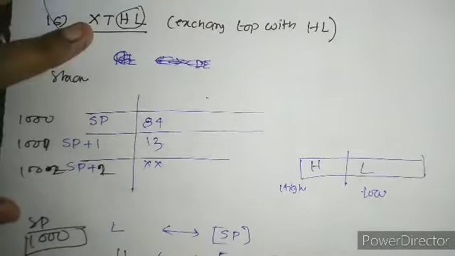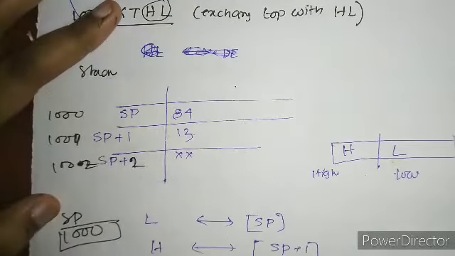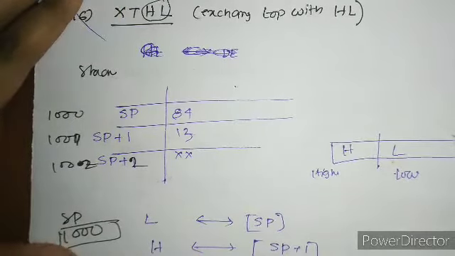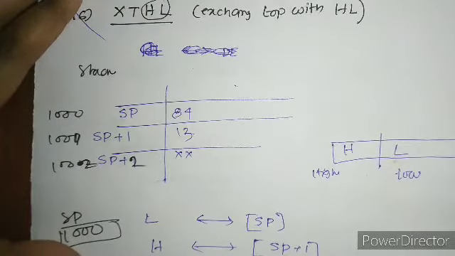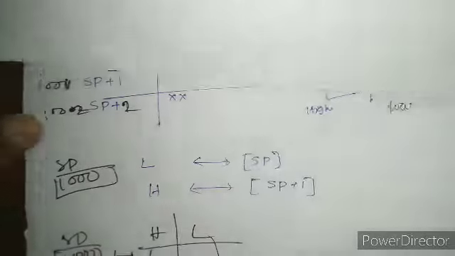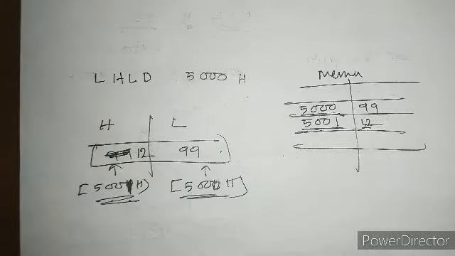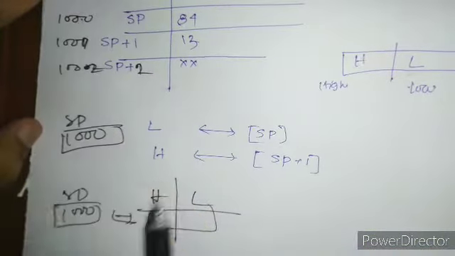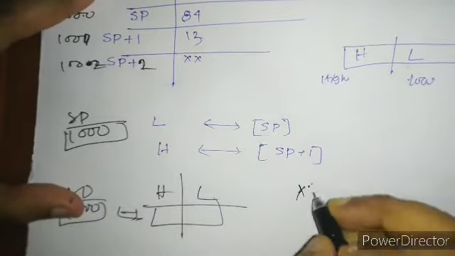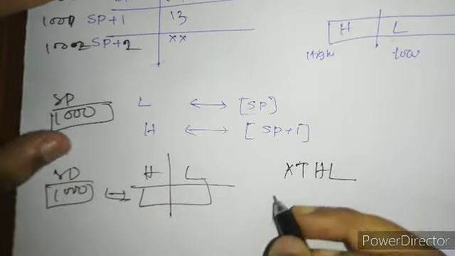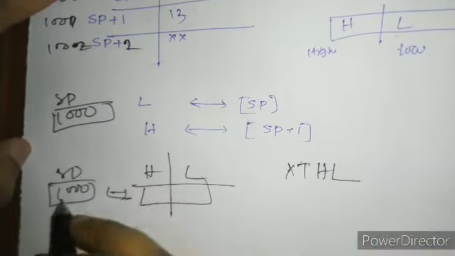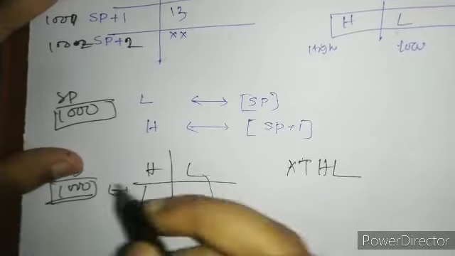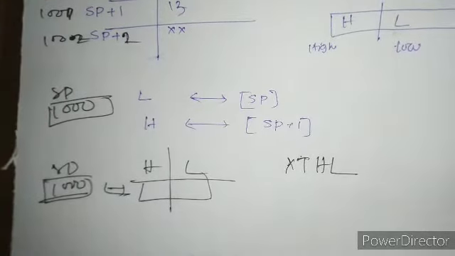If you are a non-attentive student, you will think that this 10000 will get exchanged with HL. Here SP is 10000, right? So by this instruction, does it mean exchange top with HL means SP is a 16-bit register, so it has a 16-bit value, then exchange the value with HL? No. What does this mean?